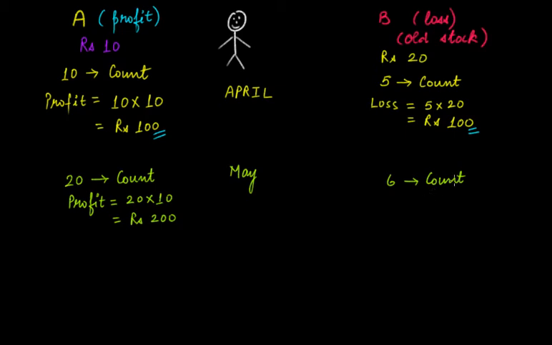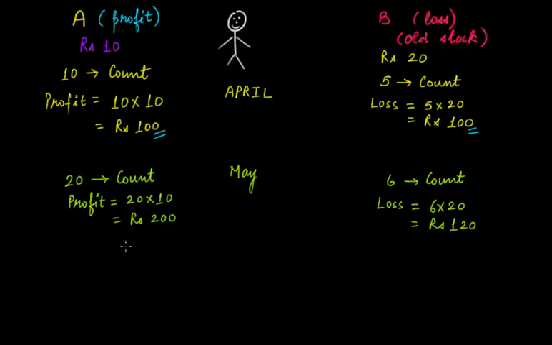So the loss that you will make because of selling item B is, for 1 it is rupees 20. So in case of 6, it will be 6 times 20, that is rupees 120.